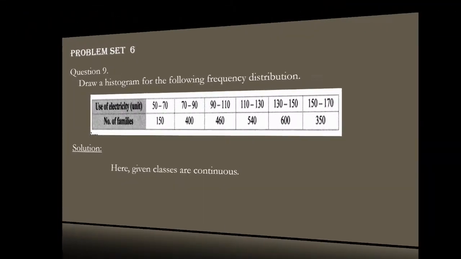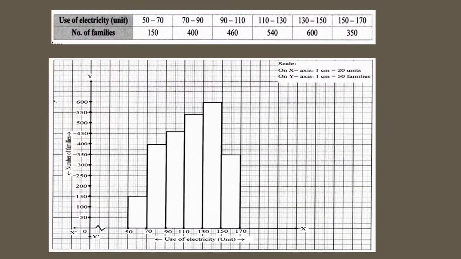First draw the horizontal line X' and vertical line Y', mark the intersection of the two axes as 0, and show the classes on the x-axis and the frequency on the y-axis. Here use of electricity in units is on the x-axis and the number of families on the y-axis.